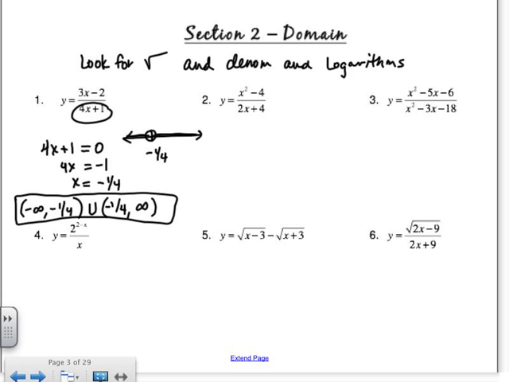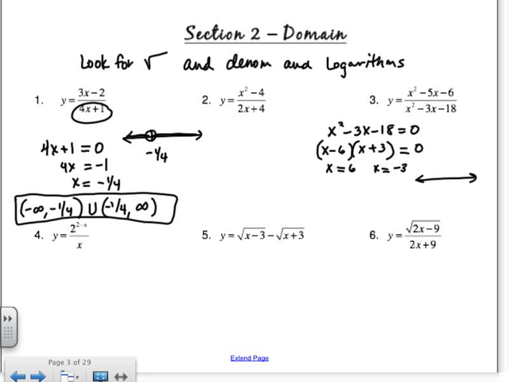Okay, number 3, you're finding when the denominator can't be equal to 0. So you're saying x squared minus 3x minus 18 equals 0. You can use the quadratic formula, but I think the easiest thing to do is factor. So you need x and x, you need negative 6 and plus 3. That means x equals 6 and x equals negative 3. Again, these are the bad points of your domain.